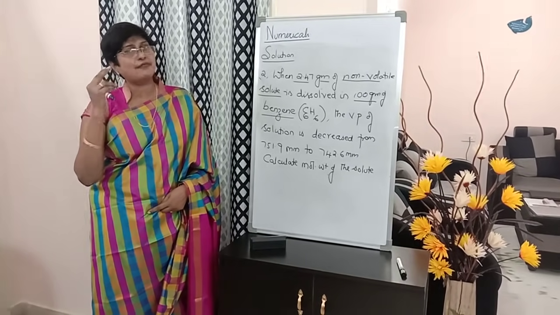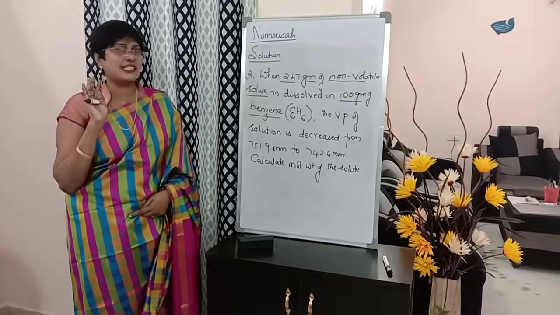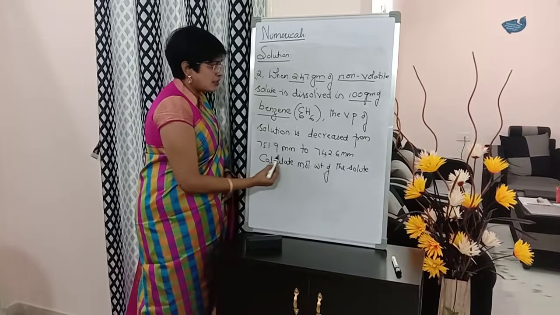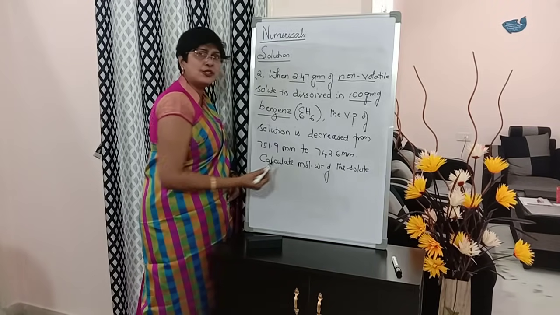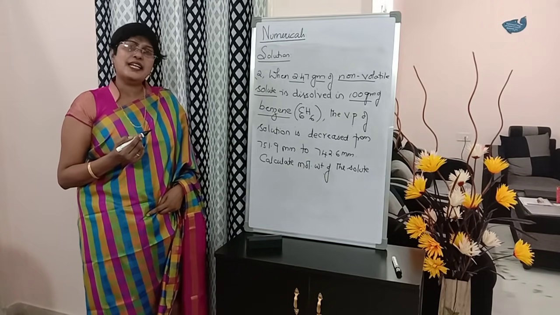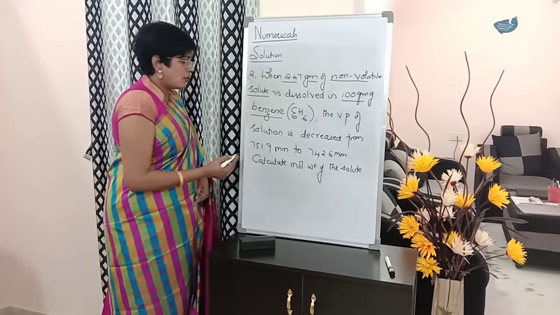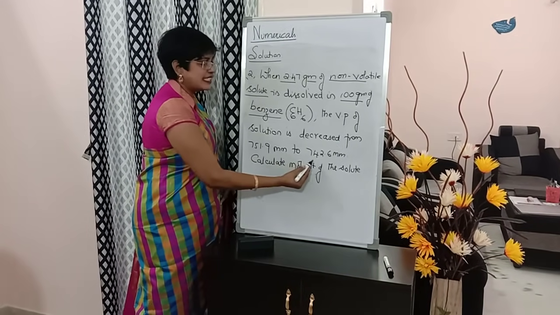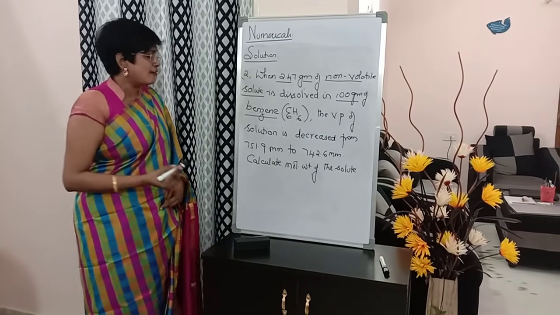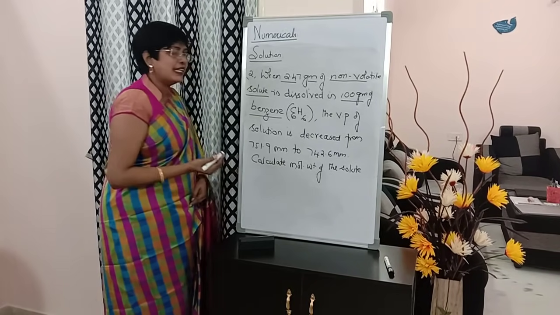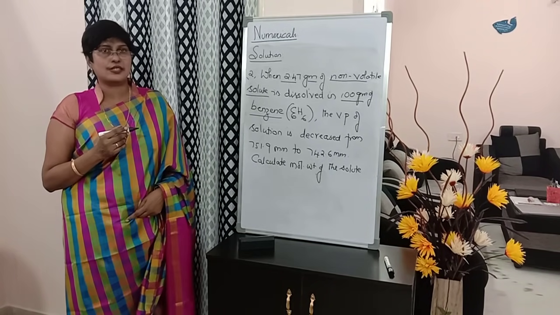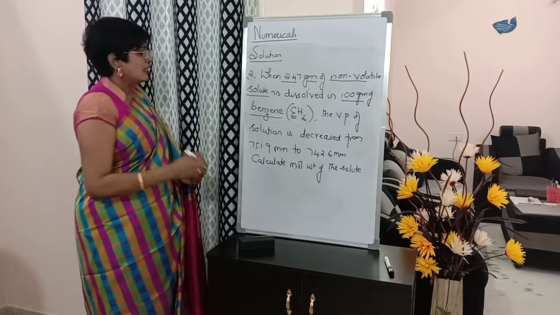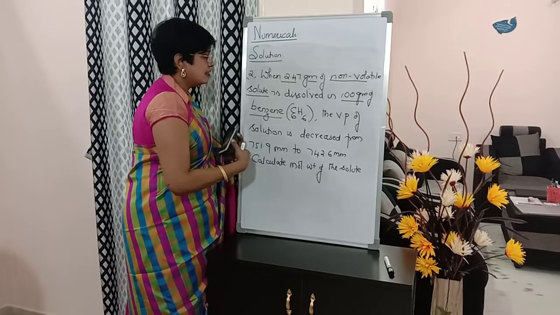The reason I explained in the first class itself. So vapor pressure of solution has come down to 742.6 mm. So this is P0, this is PS. Again, what is to be calculated? Molecular weight of the solute. Now we will do the solution.